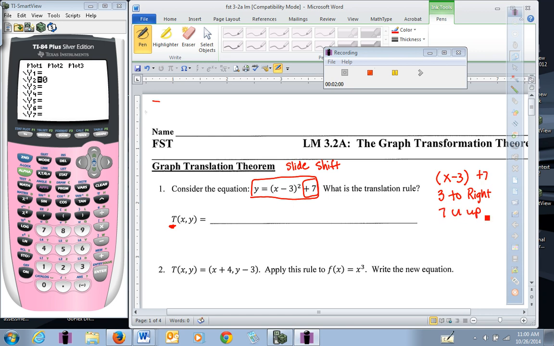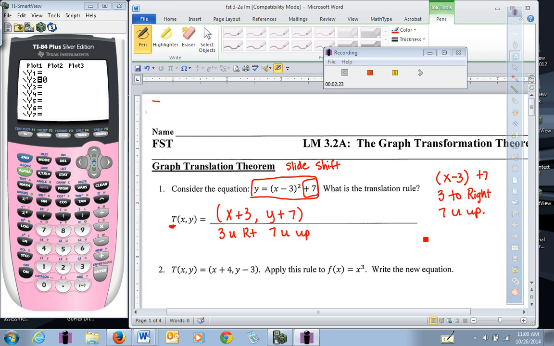Okay? And so when we go to write the rule over here, the rule will be absolutely what's happening. So we want to make the rule so that we move the graph 3 units to the right and 7 units upward. So in the rule, we're going to say x plus 3, comma, y plus 7.